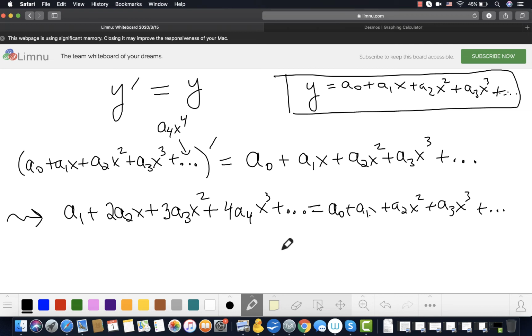How could it be true that two power series are equal to each other? Well, the only way that's possible is if the coefficients of the corresponding powers of x are equal. So we can now equate the coefficients accordingly.